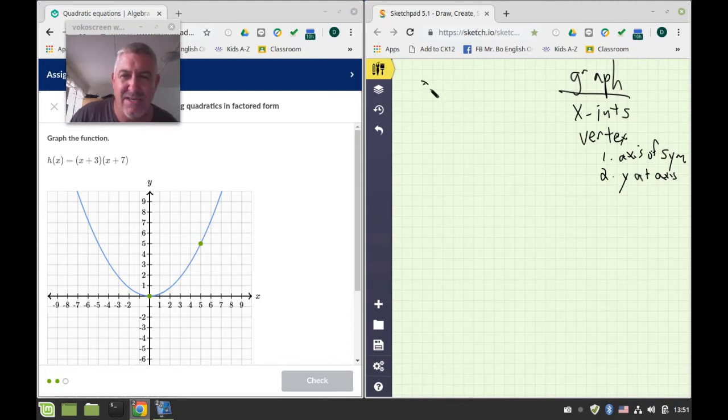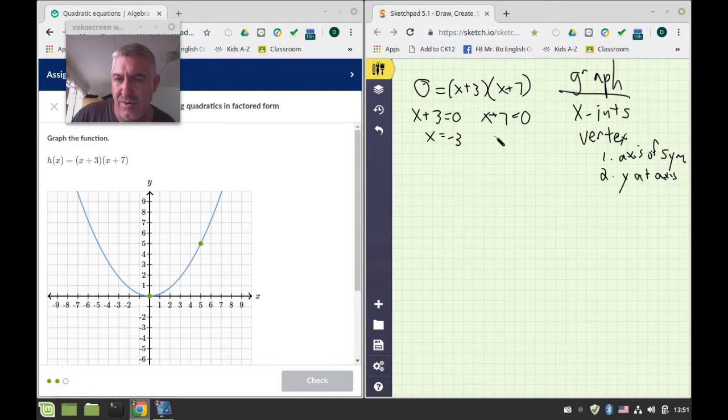So we want to find the x-intercept. So we set the function h of x to 0, and then we get x plus 3 times x plus 7. Okay, that means x plus 3 equals 0, or x plus 7 equals 0. And that means either x equals -3 or x equals -7.